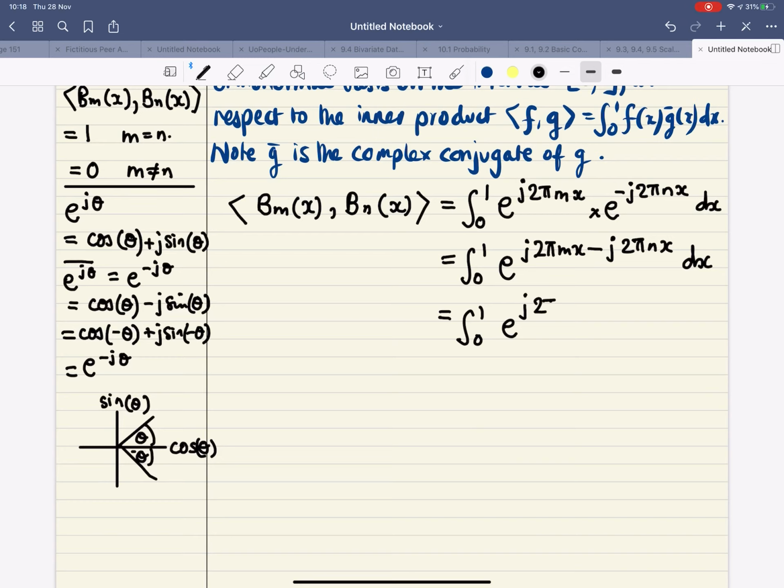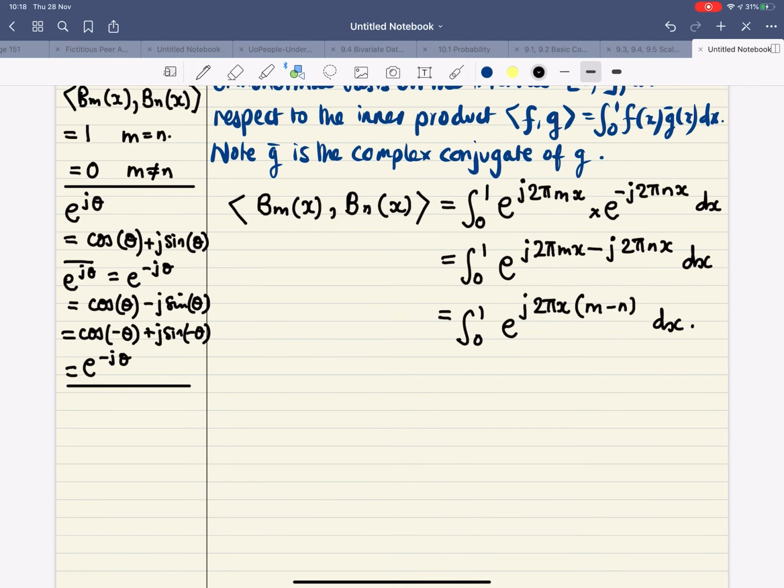There's a j 2 pi x in both of them, and it's m minus n, dx. I'll just rip this diagram out because I don't really need that now, and I need this bit of space.